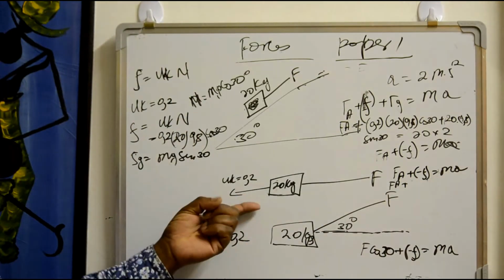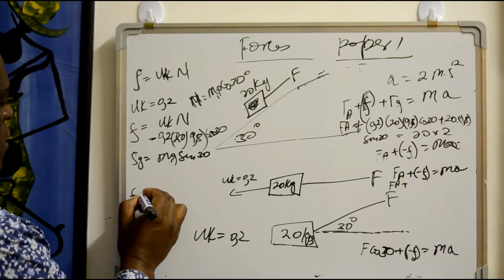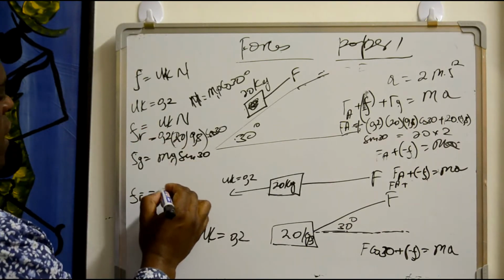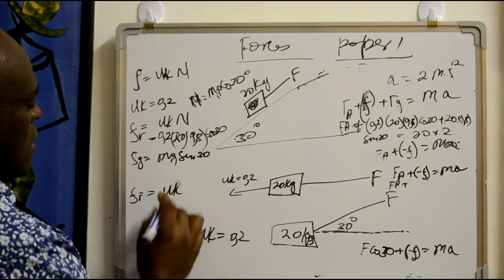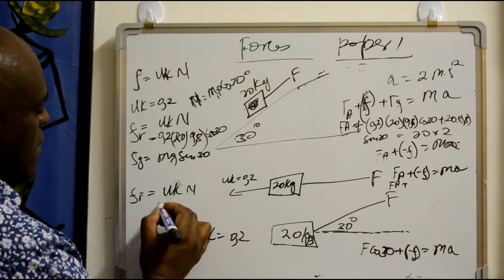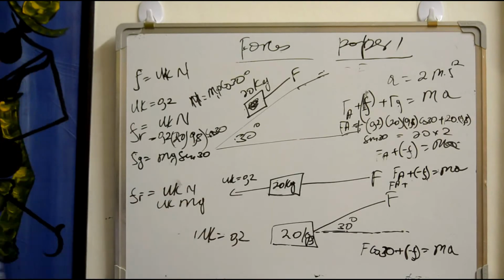Then how do I calculate this friction force here? My friction force is equal to UK times my normal, and my normal is mg. Do you see the difference?